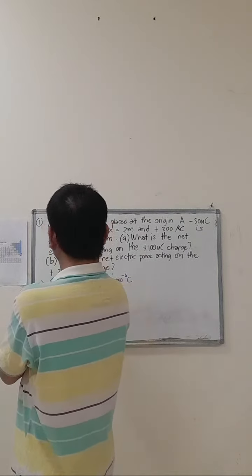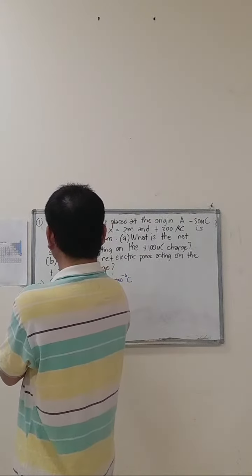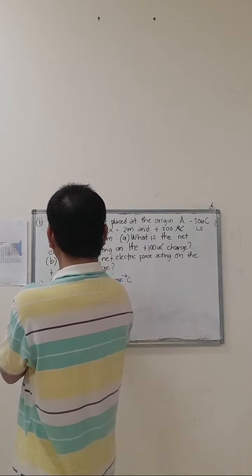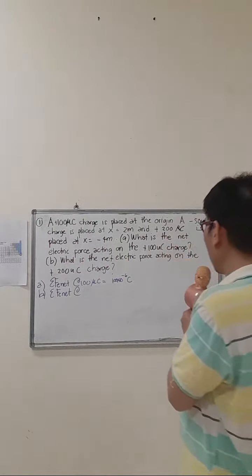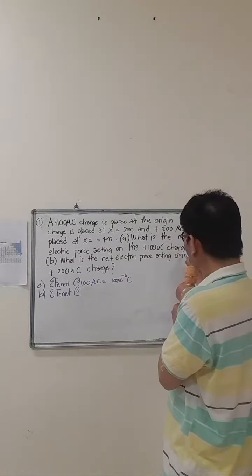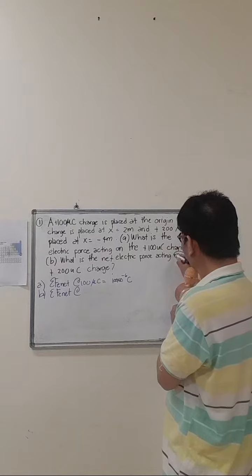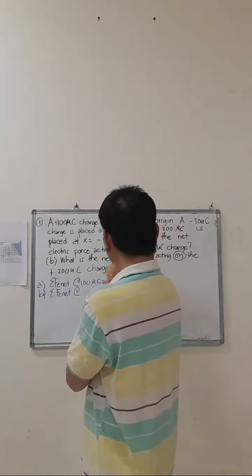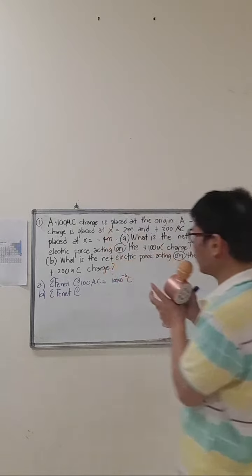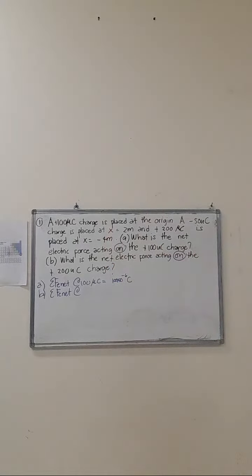F electric net force, we need to consider the reference for this, okay? Acting on. If you see the word on, that is our reference. Always take note of this. In this kind of problem, the word on is very important as your reference.